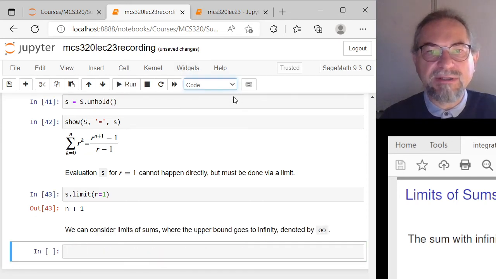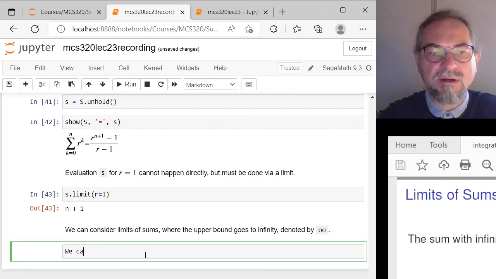So what is the limit that I want to use? So we can, as example, consider the following.